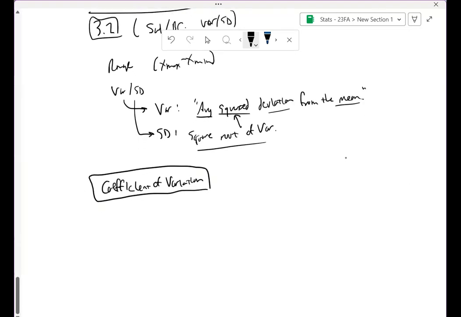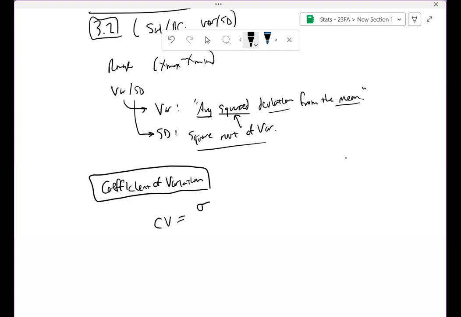So the measure that will help us here is the coefficient of variation. We're not going to talk a ton about it, but I want it to be a measure of variation. So it should get bigger as things like the variance and standard deviation get bigger and vice versa. So I want it to kind of look like the standard deviation. But the problem I have with standard deviation is it has units of the original data.